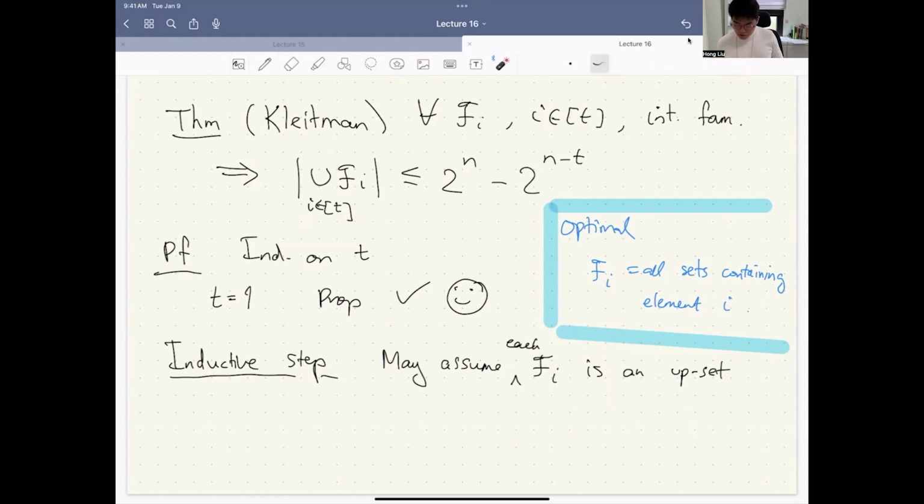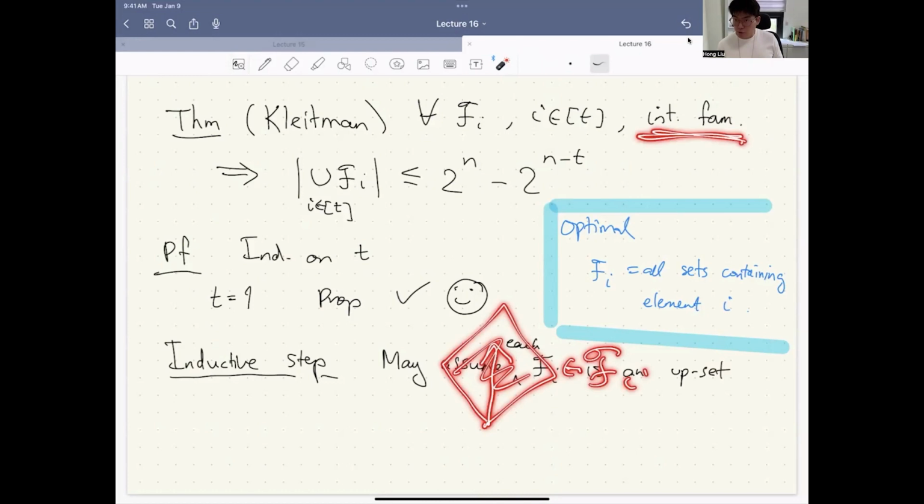What does it mean each is an upset? If a set is in Fi, we're going to take all its supersets and put them into Fi as well. This will not affect its intersecting property, and you will only increase the size of their union. It's only harming us in proving this inequality. So we may assume that.